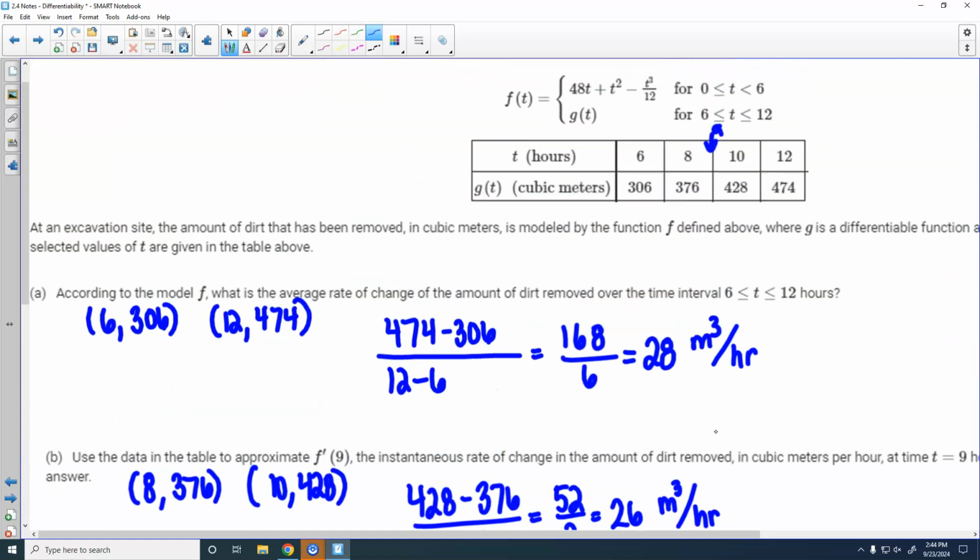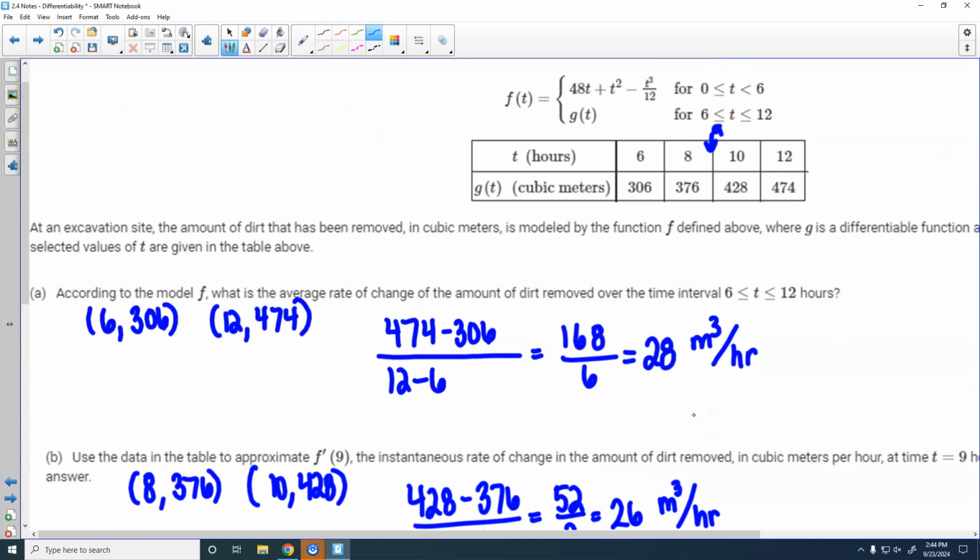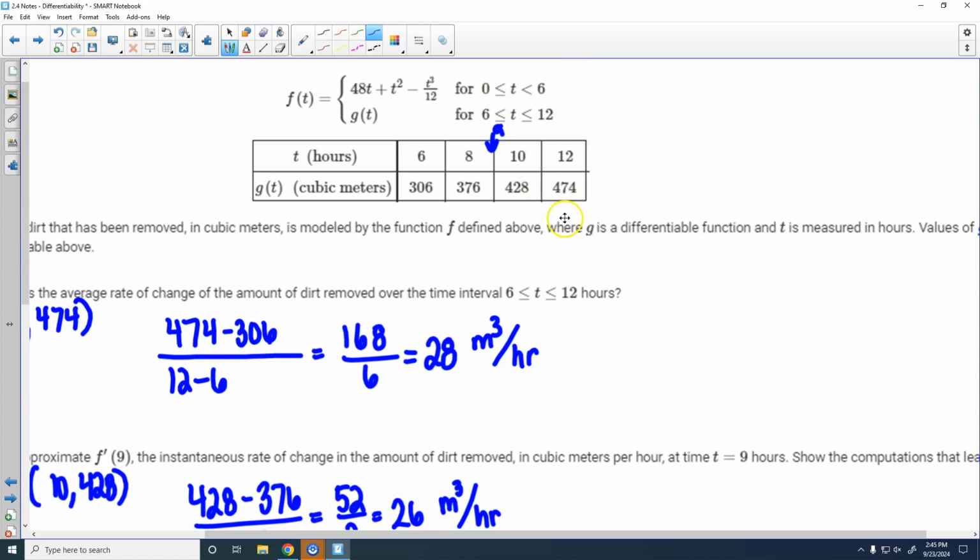For part C, they ask us if f of t is continuous from 0 to 12. From 0 to 6, we've got a cubic function, something to the third power, which is continuous everywhere. There should be no problems from 0 to 6. For g, they just gave us a table, but they told us g is a differentiable function.